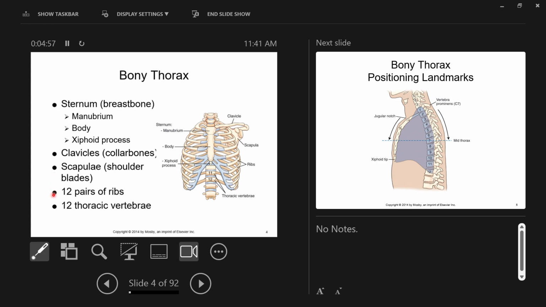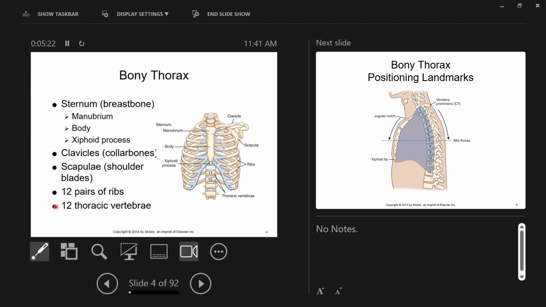12 pairs of ribs attached to 12 thoracic vertebrae. We name our thoracic vertebrae T1 through T12, and something special about each of them is that each thoracic vertebra has what we call articular facets. They have attachment points for ribs. Ribs attach in the back. Ribs do not attach by bone in the front to anything, okay?